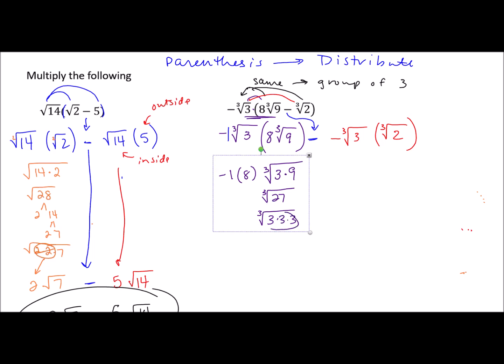The frog's climbing back up. Group size of 3 means I can pull a 3 out. Everybody's gone, so the jail disappears. These guys multiply together and make a negative 8. So getaway driver. You're multiplying, right? Multiplying. So this thing turned into negative 24. And the radical disappeared. That's possible. It's okay to have a radical disappear.